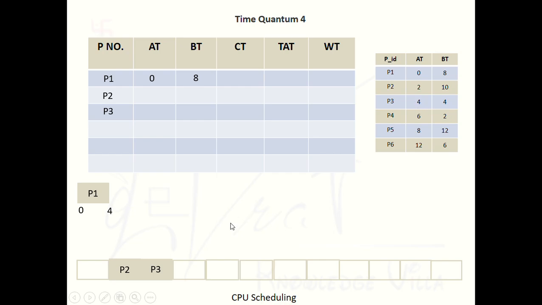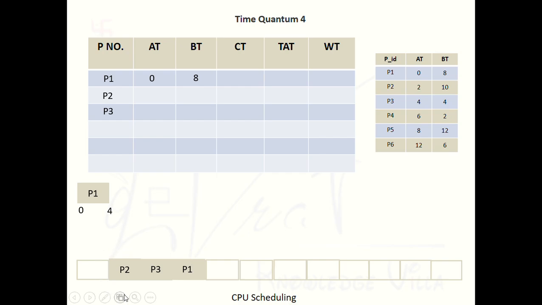We will allocate the CPU to process P2 first, but before that, we will put P1 into the waiting queue, because P1 still requires the CPU for 4 more time units, since out of 8 time units of burst time, P1 used the CPU for only 4 time units. So P1 goes into waiting for the CPU.